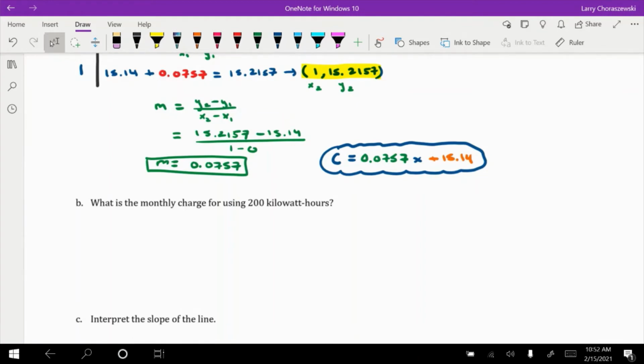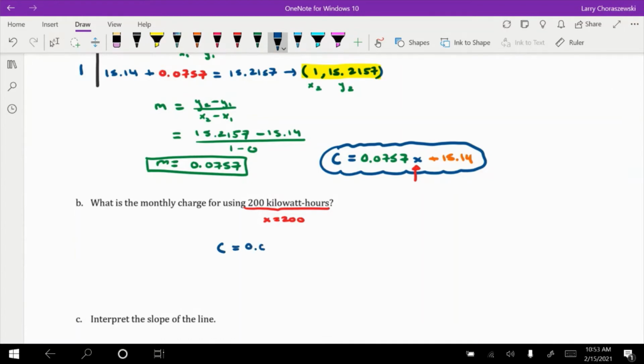Multiply by 200. Yep, there's going to be a multiplication by 200, but don't forget there's always that monthly customer charge. So 200 kilowatt hours is a specific value of x, and it'll just get plugged into our cost formula, right? So we could do it that way.